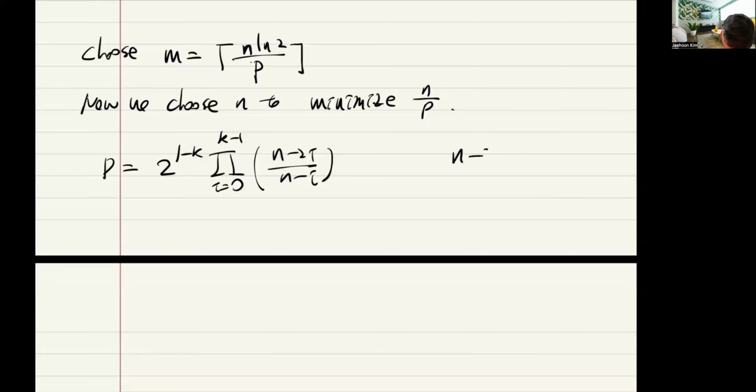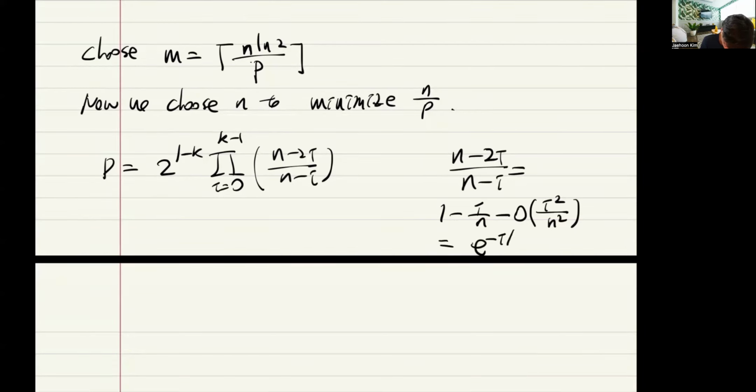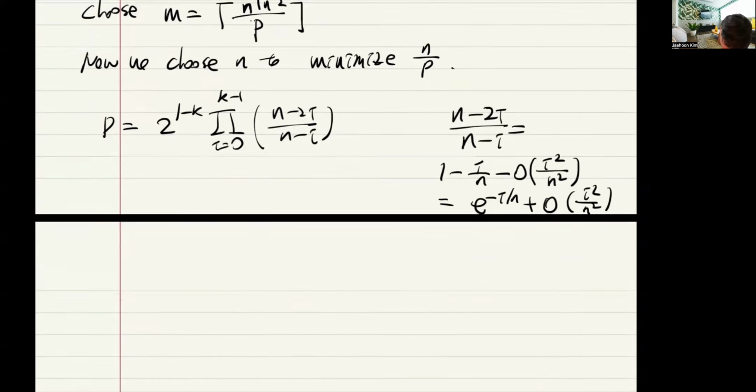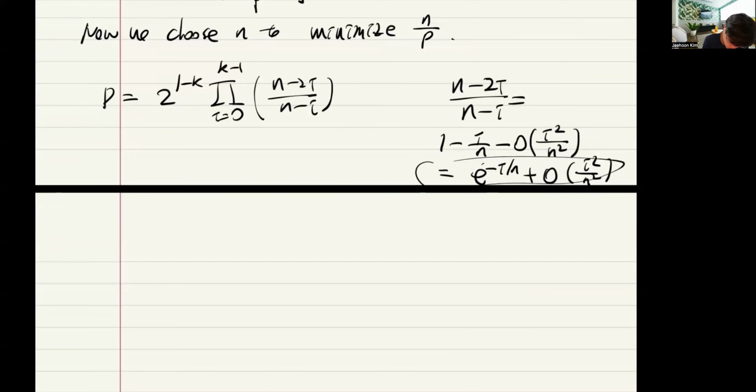And we know that this is roughly 1 minus i over n minus some constant times i squared over n squared. This is roughly e to the negative i over n plus big O of i squared over n squared. Then assuming n is large and k is small, you just apply this, then you get that p is asymptotically 2 to the 1 minus k times e to the minus k squared over 2n.